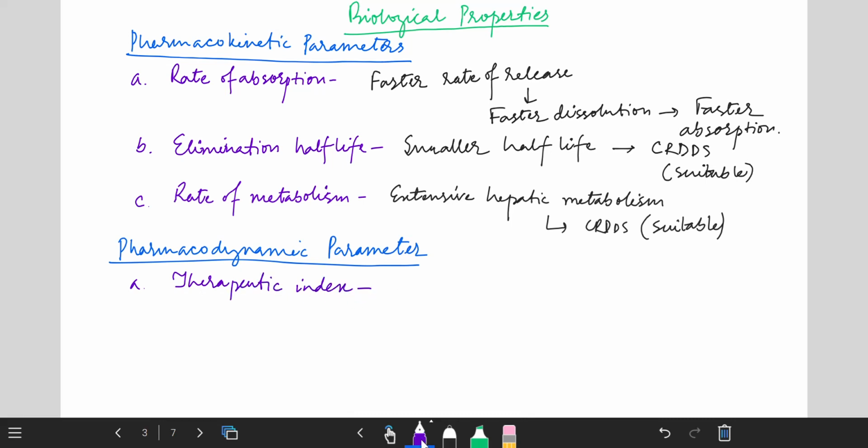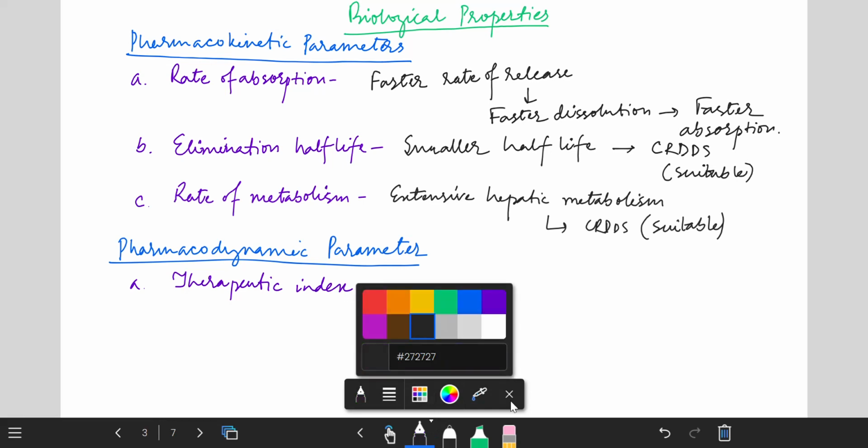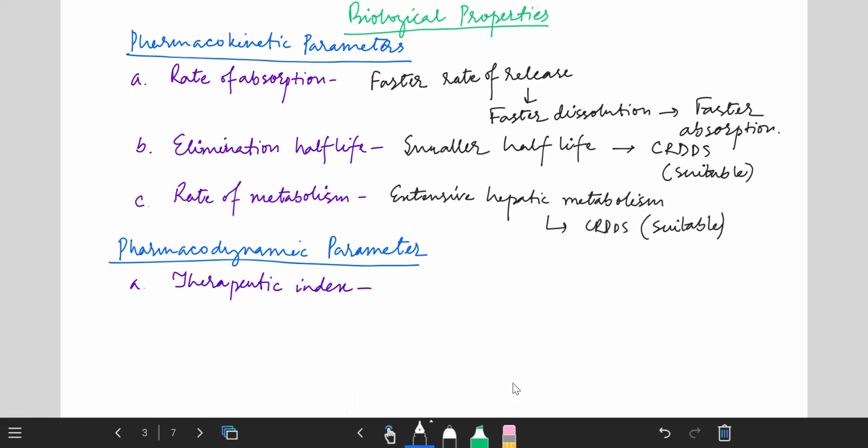To understand therapeutic index, we need to think that the larger the value of therapeutic index, the safer the drug. So drugs with smaller values of therapeutic index are obviously not suitable for CRDDS. So a smaller therapeutic index, or TI, is not suitable for CRDDS.